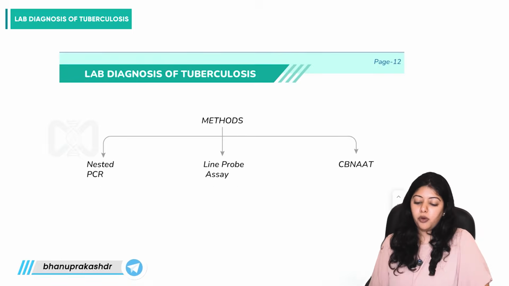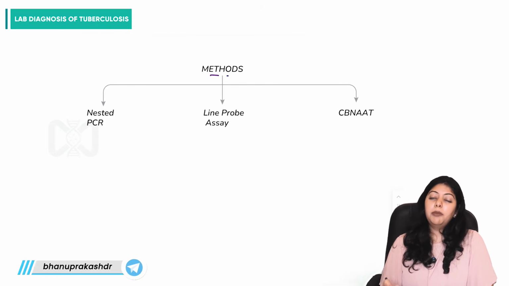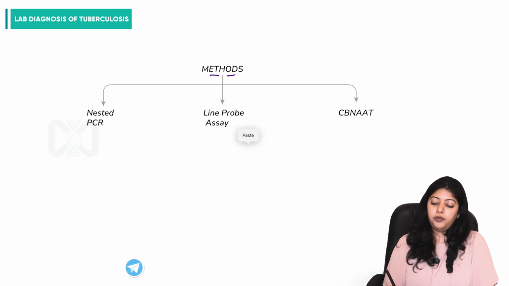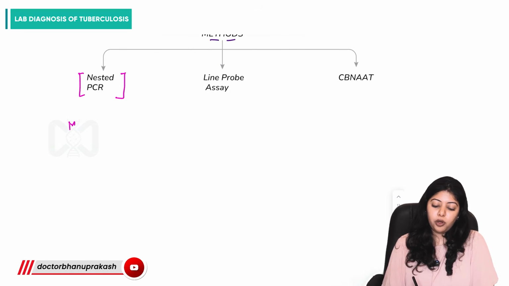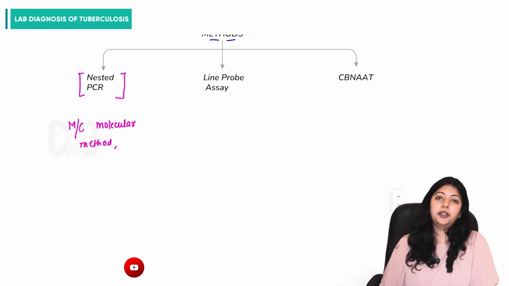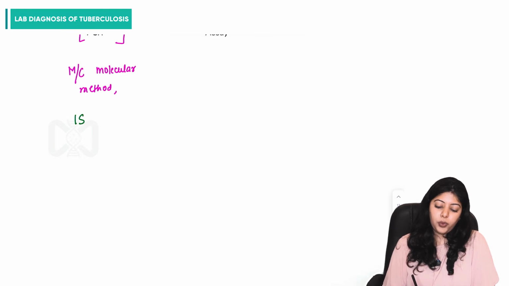Now let us move on to the molecular methods which were either earlier in use or are currently being used. Firstly we have the nested PCR. Nested PCR was the most commonly and widely used molecular method, which targeted the insertion sequence 6110 gene.